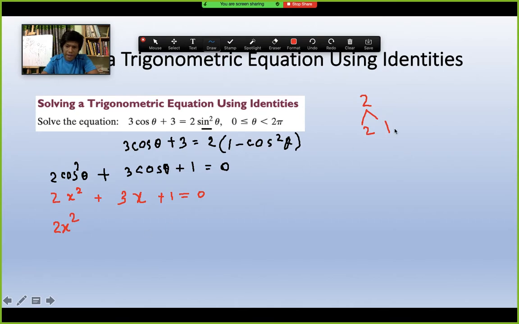And if we add these two numbers, 2 plus 1, we get the middle term. We are just trying to do middle term factoring. You may have your own way to factor it, please feel free to do so, no problem. So this will be twice x plus 1, plus x plus 1, equals 0.